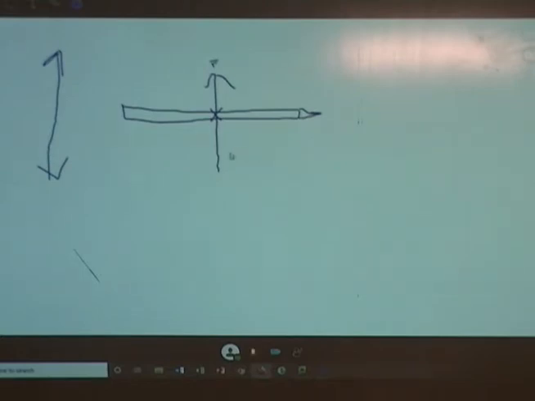All right, so what about if I want to move the pencil left or right in a straight line? Where do I apply the force? Kayla, what do you think?